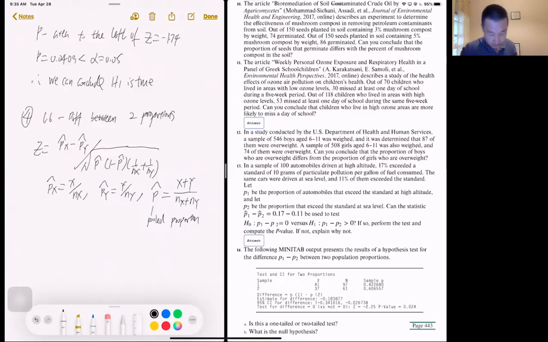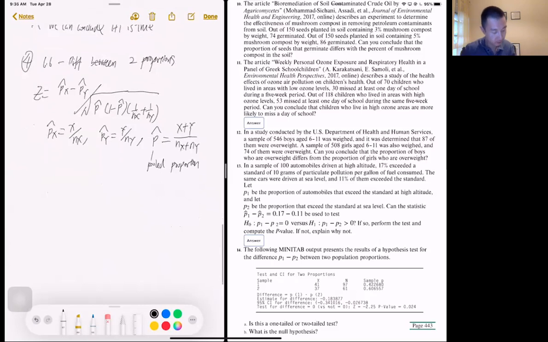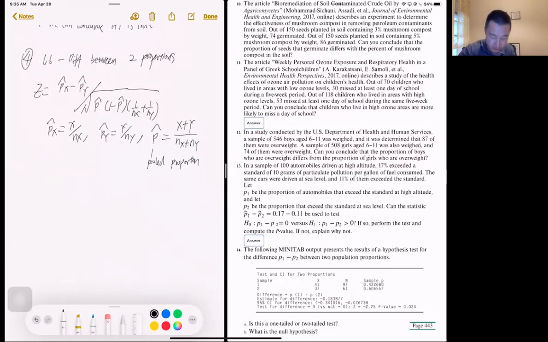All right, so let's define boys as x. We have 87 boys overweight over a sample size of boys 546, and px is 87 over 546.